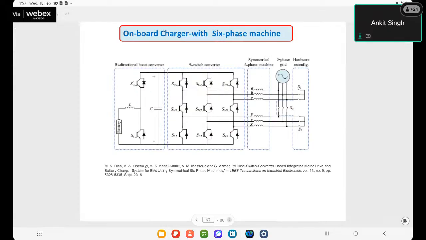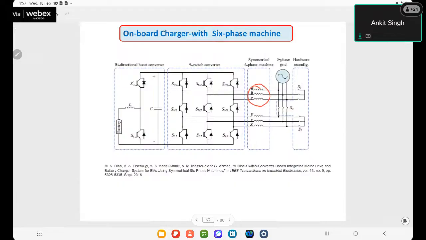Again, this is the six-phase machine. If a six-phase machine is used, there is a nine-switch converter arrangement during charging.